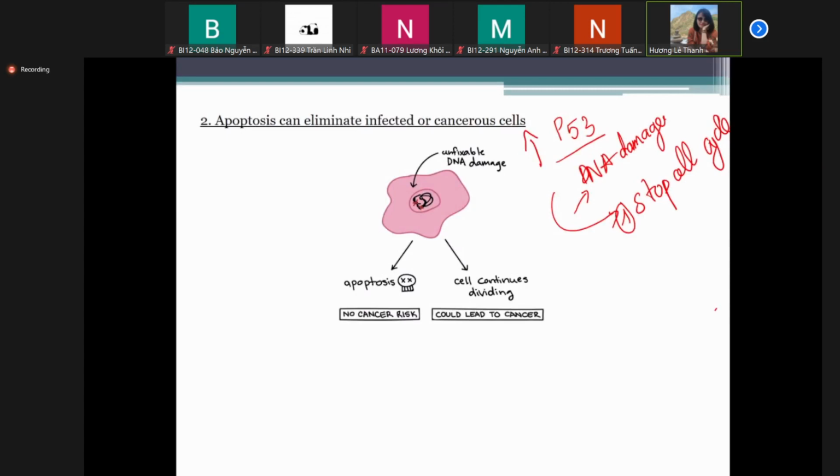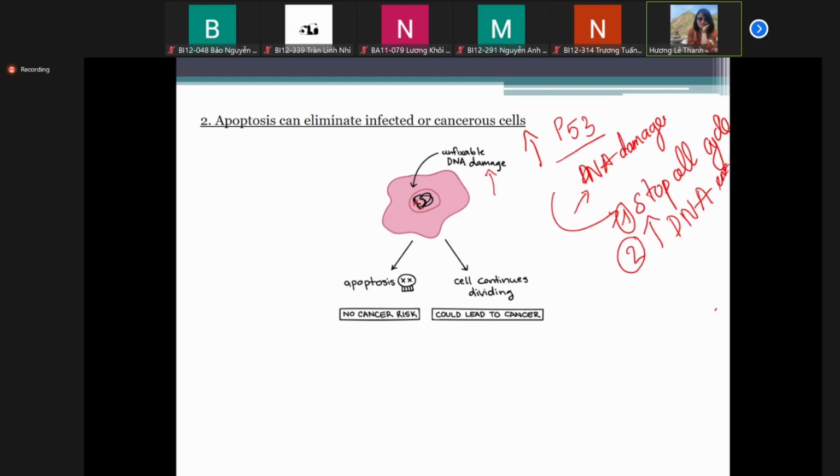Second, it increases the levels of DNA polymerase that can fix the DNA damage. DNA polymerase is also one kind of enzyme.